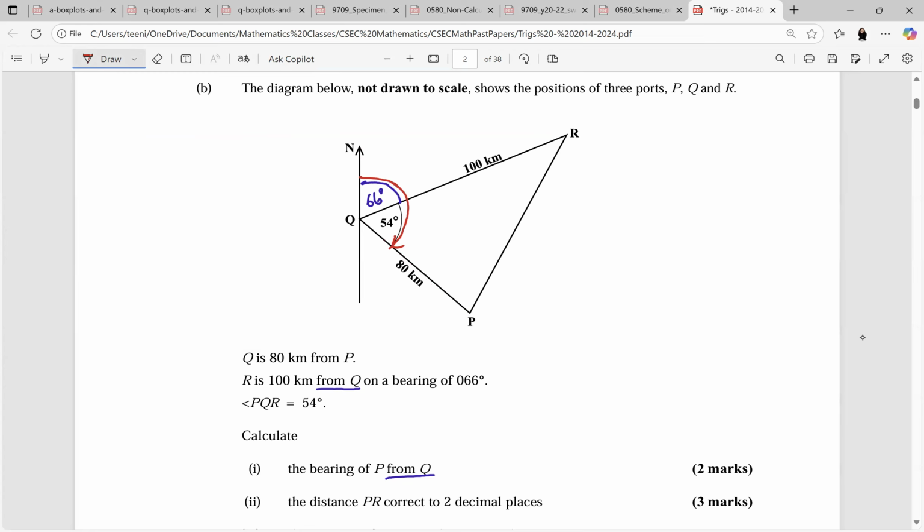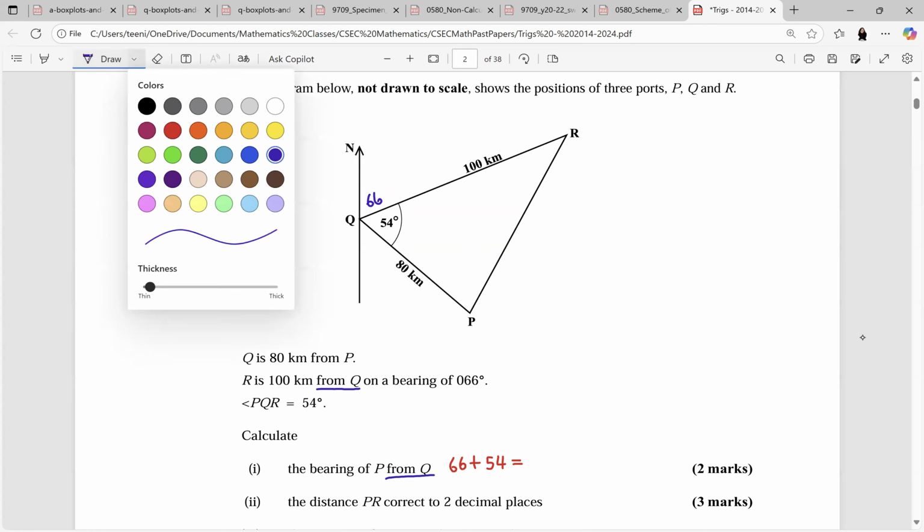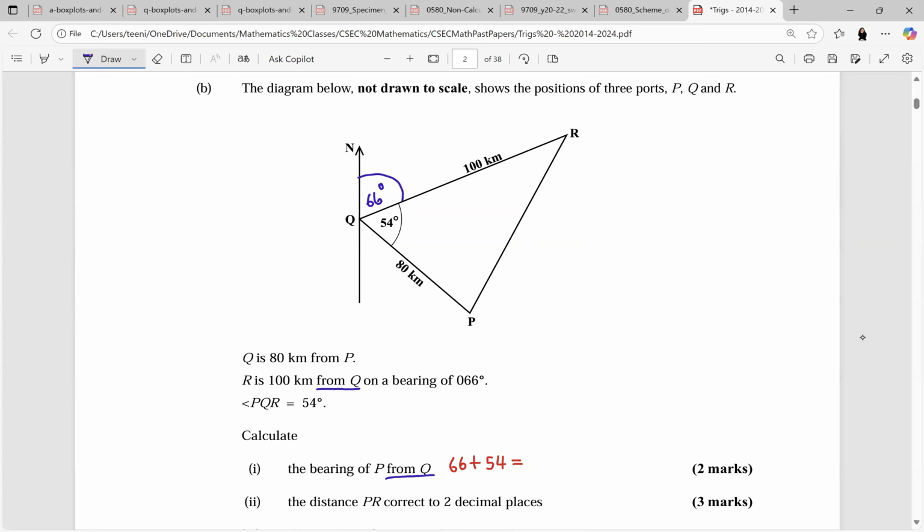Therefore, you just have to add those two together. So it will be 66 plus 54. How much is that, guys? 120. Perfect. So that is 120 degrees. Two easy marks.